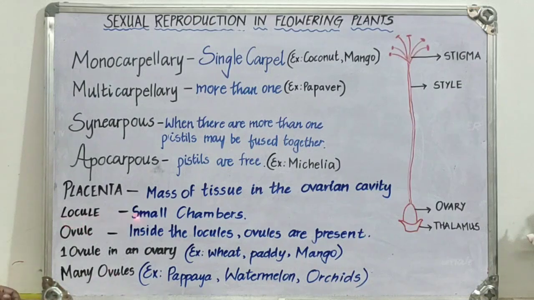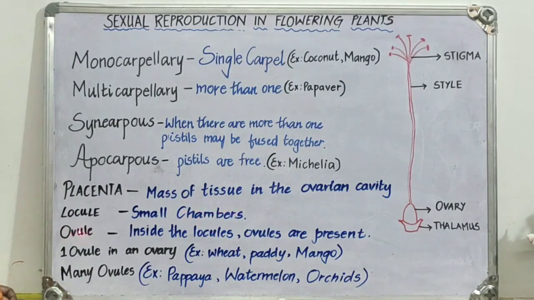Locules are small chambers present on the placenta. According to the number of locules, the name is given. If there is only one locule, it is called monolocular. If there are two locules, bilocular; three locules, trilocular; four locules, tetralocular. Like that it goes on.